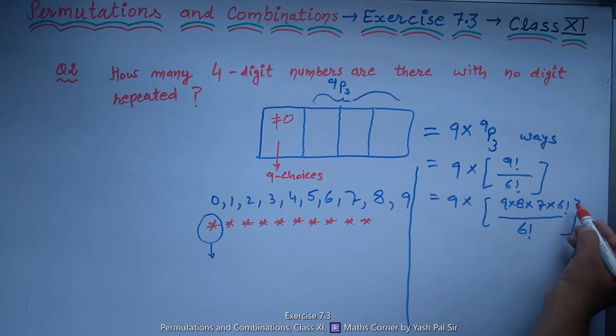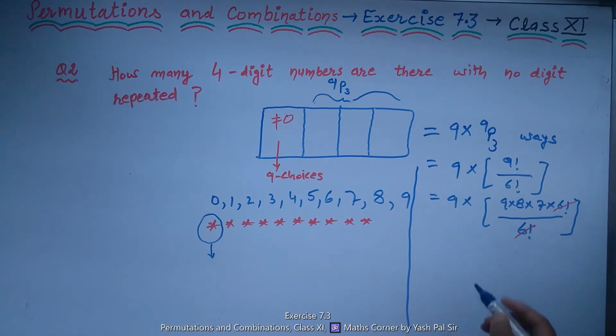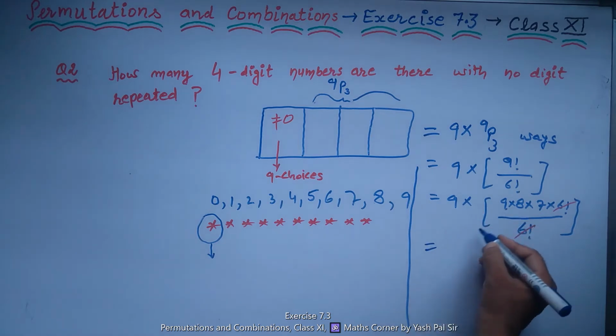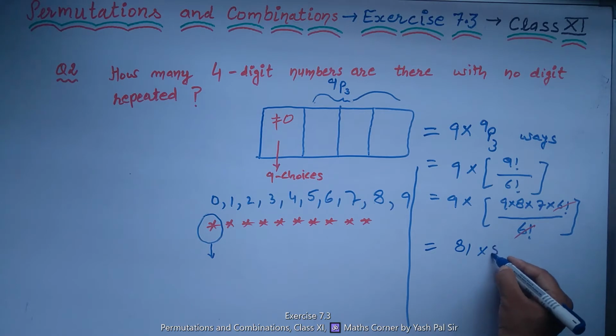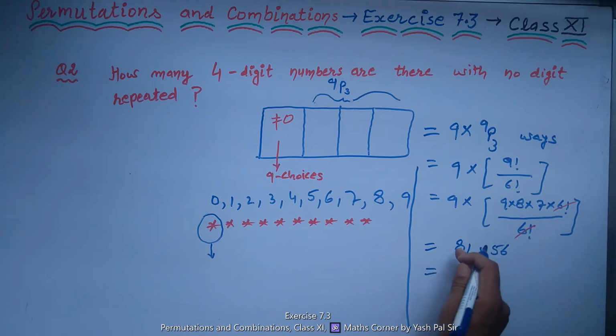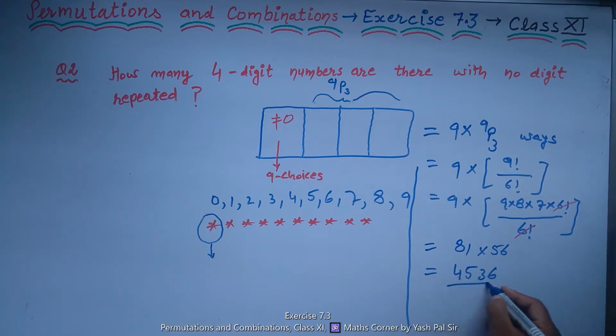Now 6 factorial is cancelled, so we are left with 9 into 9, 81, into 8 into 7, 56, and finally the product of this is 4536. This is the final answer.